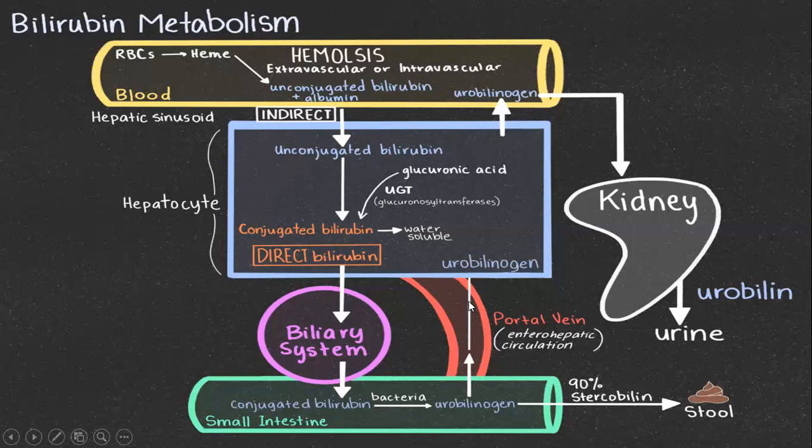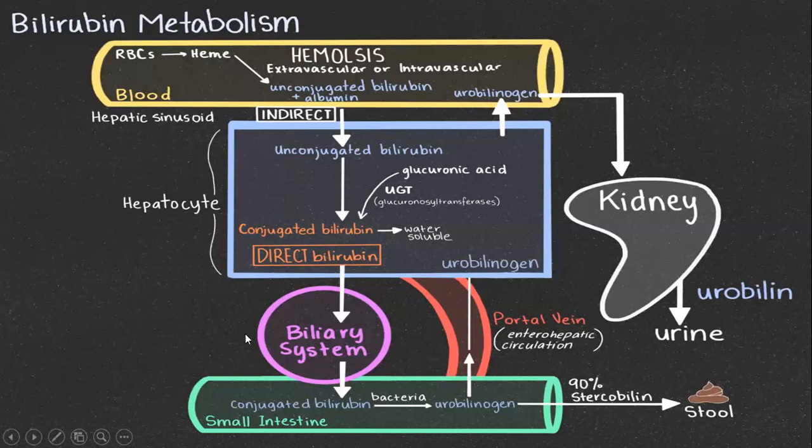Now, in disease states wherein there is obstruction in the biliary system, there is actually normal conjugation of your bilirubin, thus eventually producing a normal amount of direct bilirubin.